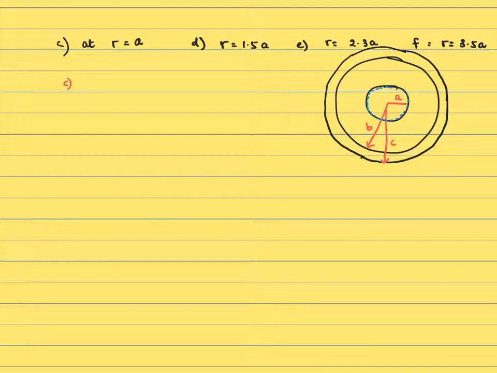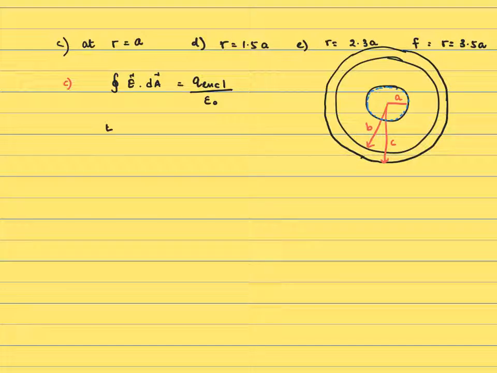It covers the entire charge on the solid sphere, which is q1, and let's use Gauss's equation: E dot dA equals q enclosed. Sometimes I write uppercase Q, sometimes lowercase q, that's no big deal.